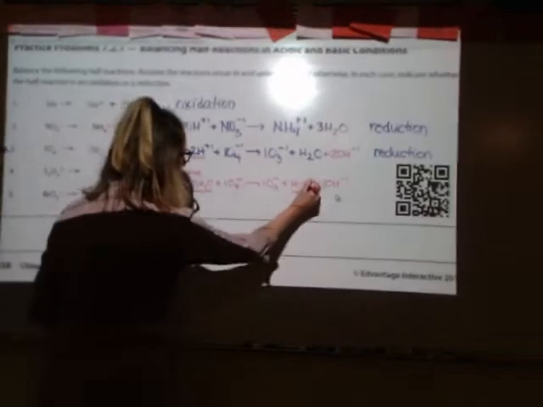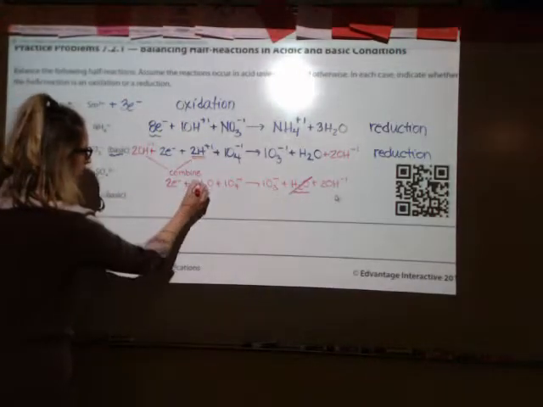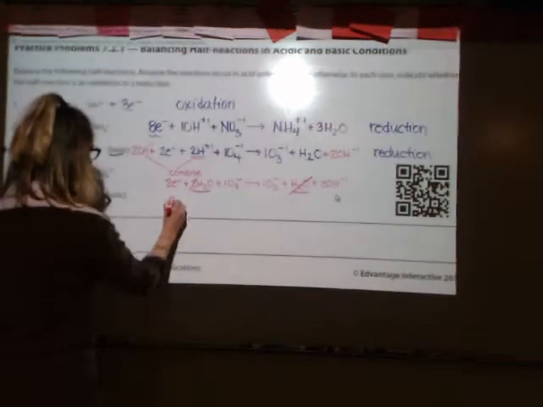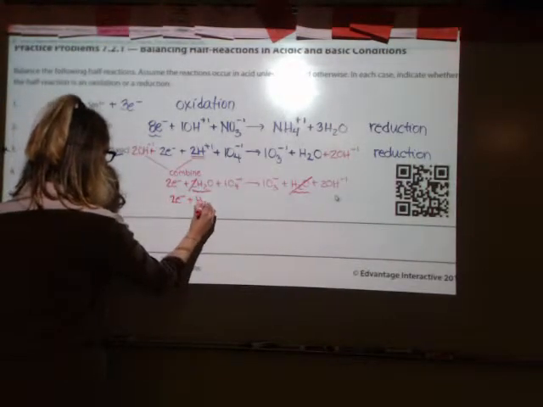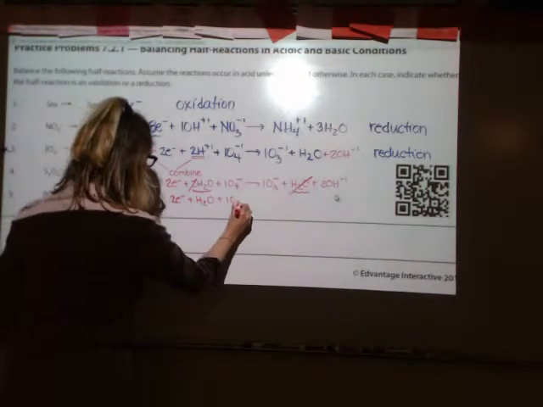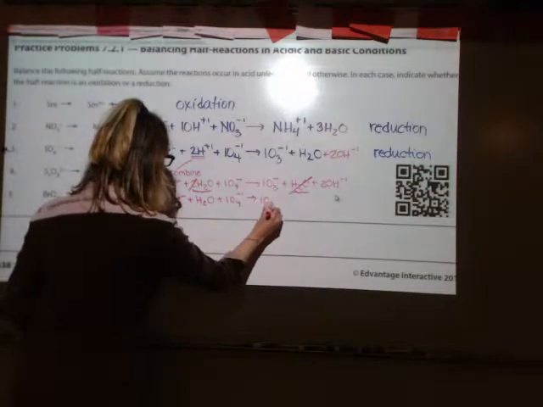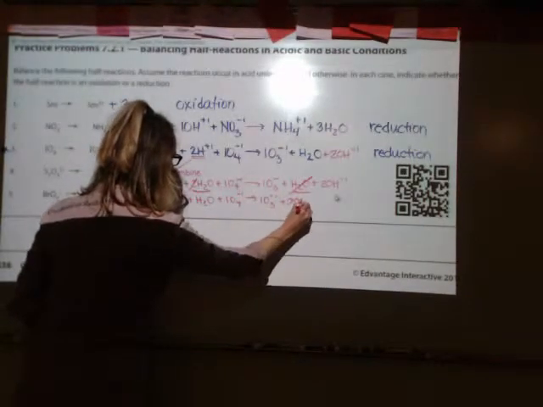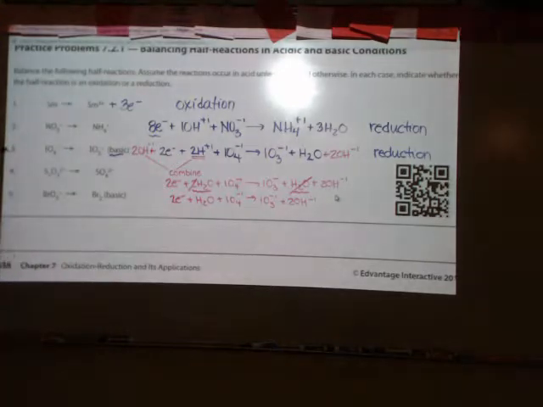So this is now going to leave, and now I have 1 left. And you're left with your balanced half reaction, which is this, and you're done.